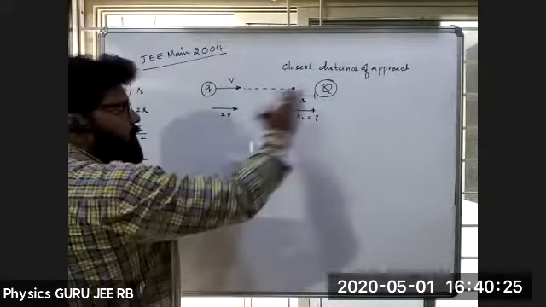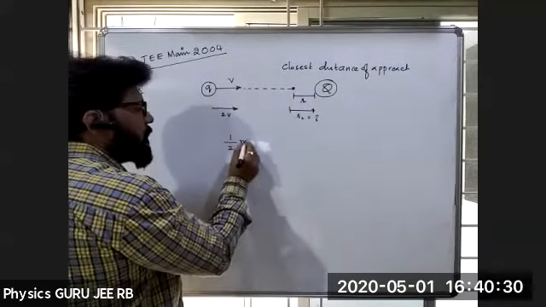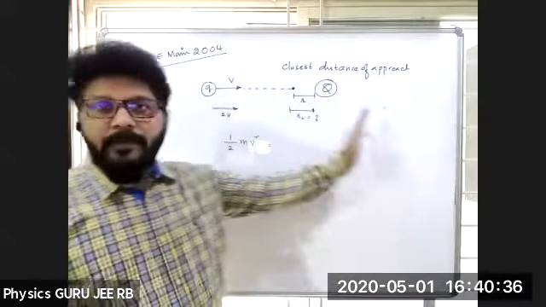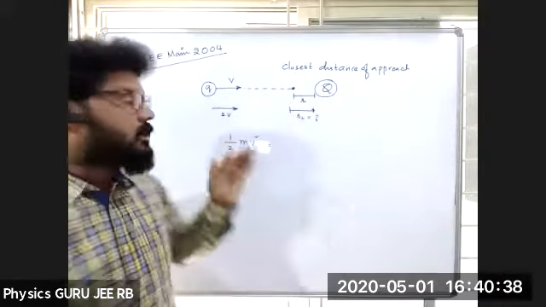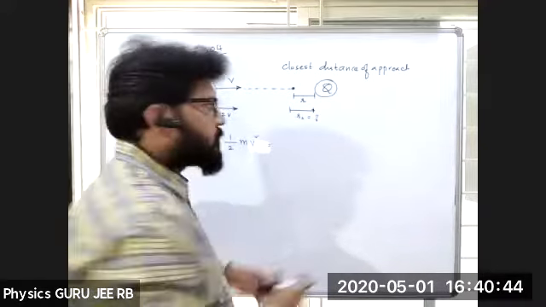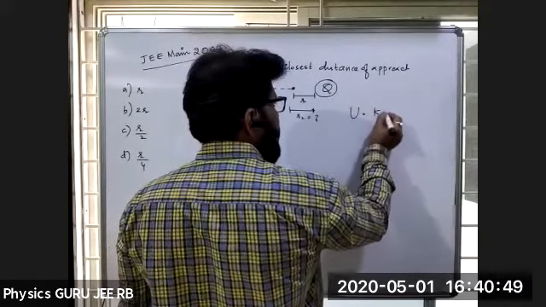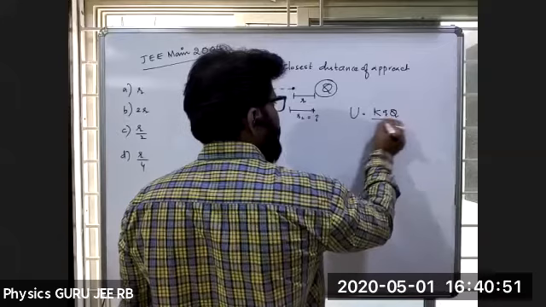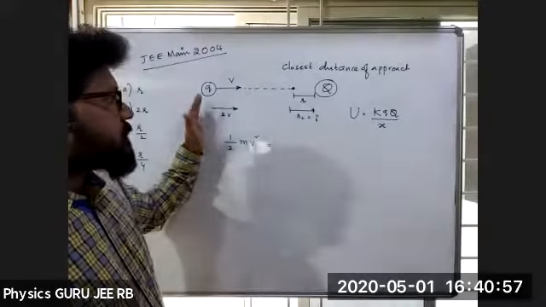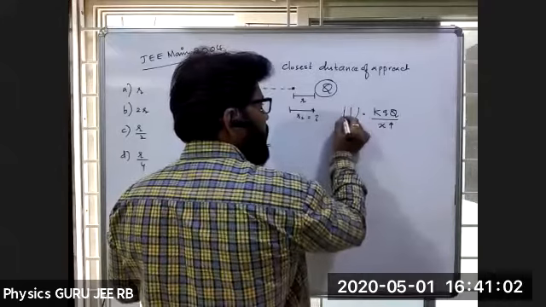When it is projected, it will have kinetic energy half mv square. Initially the potential energy is less, because electrostatic potential energy U equals K Q q divided by, let us take it as x, the distance. Initially the distance is more, so potential energy is less.